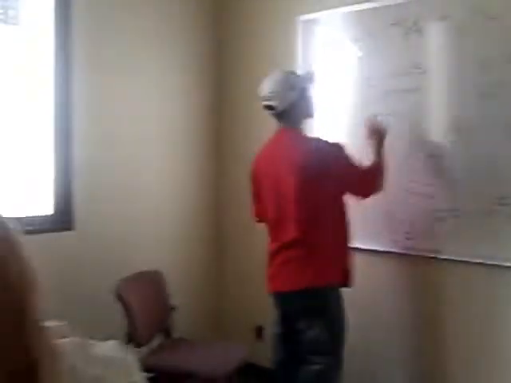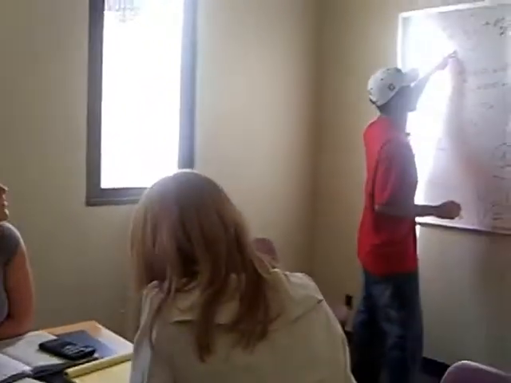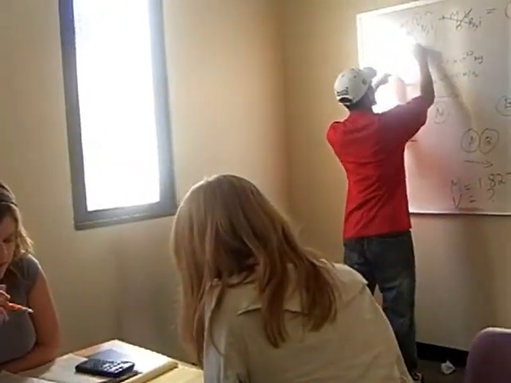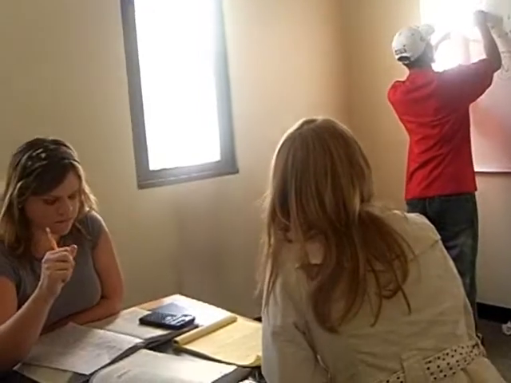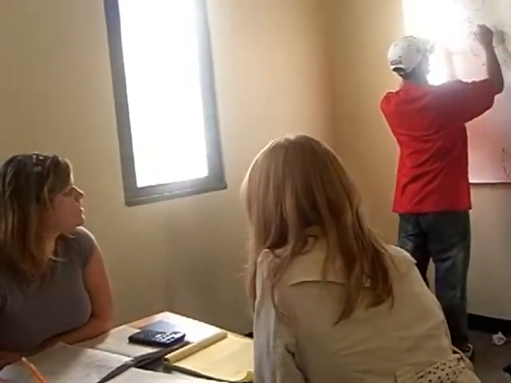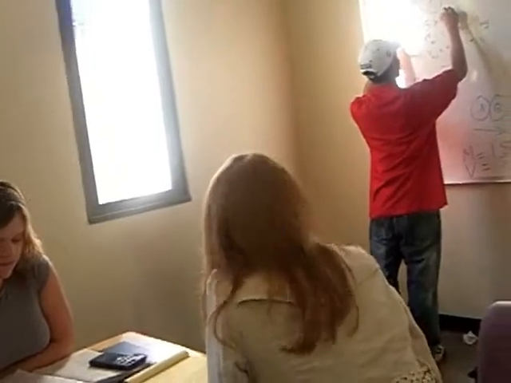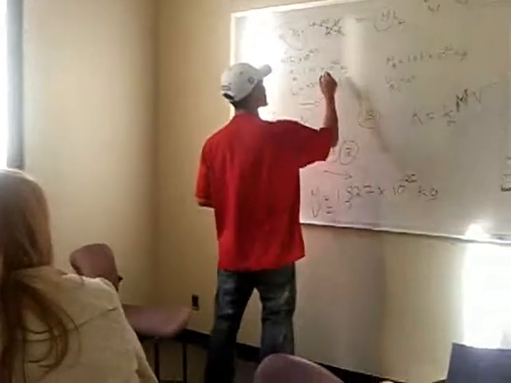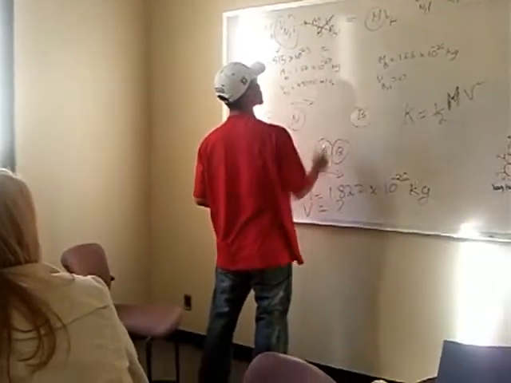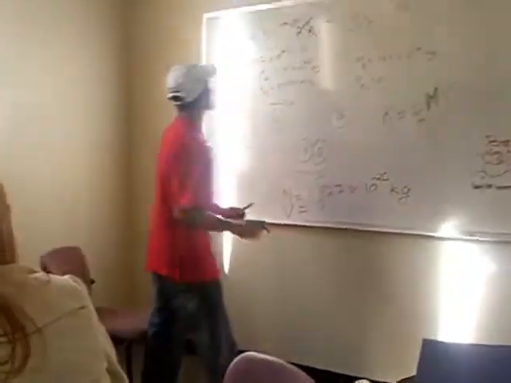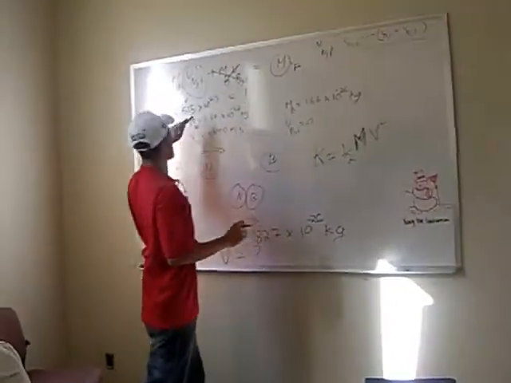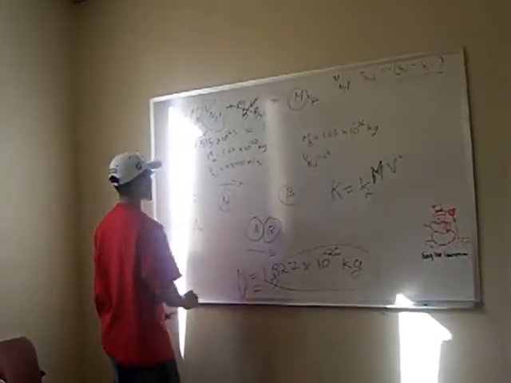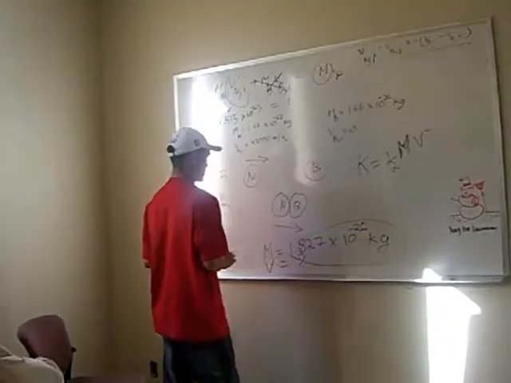Since we know this and this, we can solve for that. The M times V for the neutron equals 7.515 times 10 to the negative 23rd, and that equals 1.827 times 10 to the negative 26 kilograms, the big M, times big V. So we're gonna save time and just divide this by the big M, which gives 4,113 meters per second.